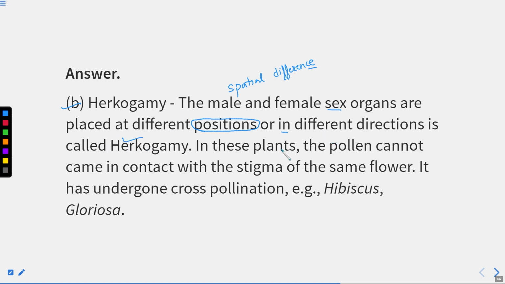In these plants, the pollen cannot come in contact with the stigma of the same flower, so they undergo cross-pollination. For example, hercogamy is observed in hibiscus and gloriosa. The pollen cannot come in contact with the stigma because they are located at different positions or in different directions, so this also promotes cross-pollination.